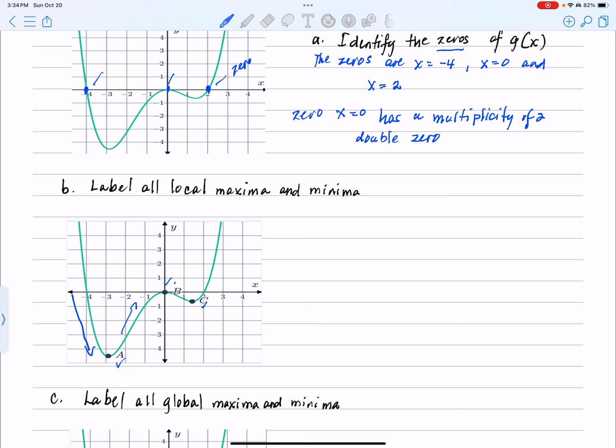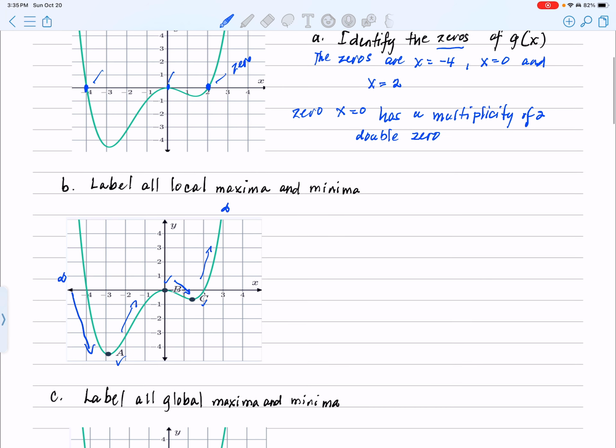At this point, it decreases and then changes to increasing. Remember, we have a positive infinity here at this end. That's very important to know because we'll be using that for the interval later on.